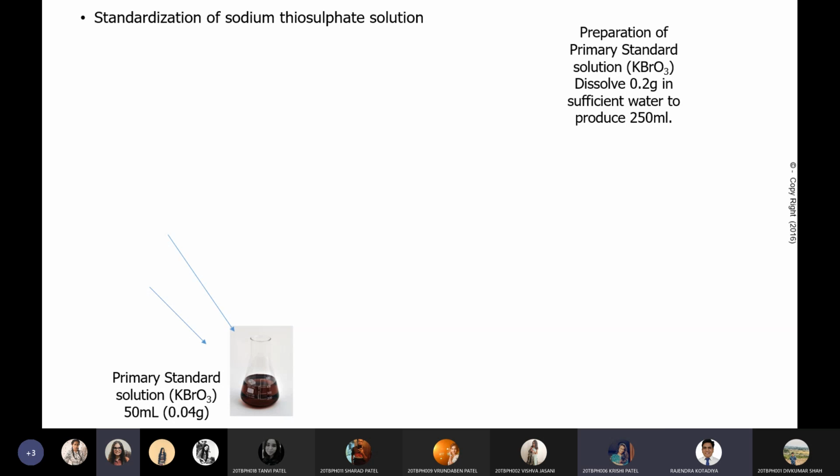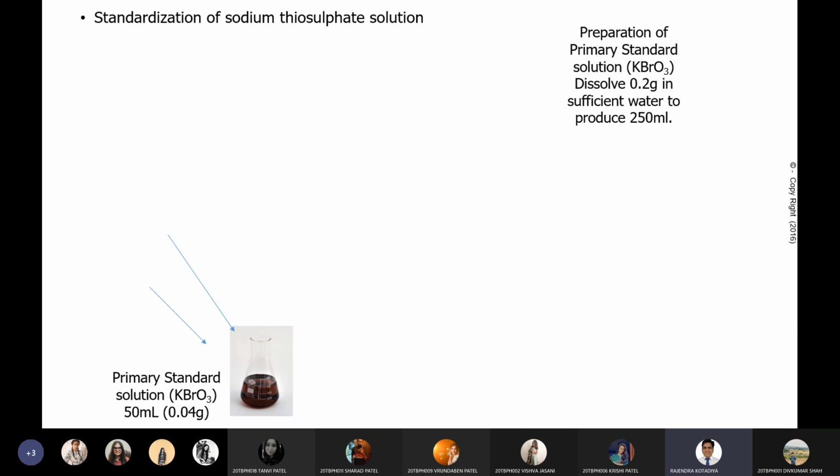Sir, 0.04. How did we find it? In 250 ml it is 0.2 gram, so in 50 ml how much? If you cross multiply, you will get the answer 0.04 gram. So indirectly we have taken 0.04 gram KBrO3 as our primary standard in a conical flask.